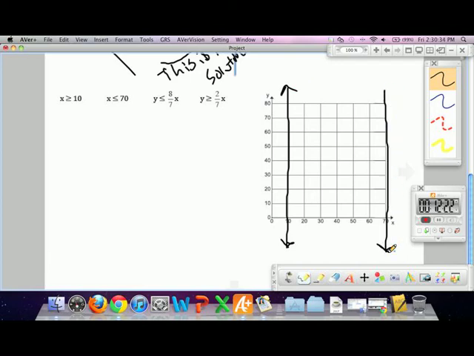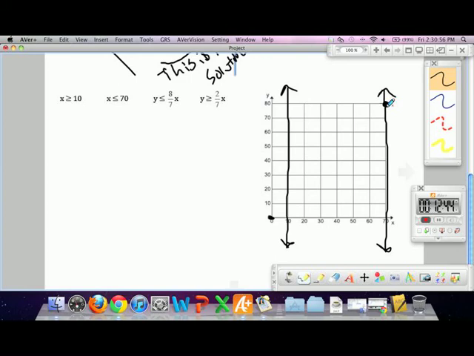What's the y-intercept of the first line? 0, and it goes up 8 for every 7. Wait, I did that because it goes up by 10s. Is that supposed to be 80 over 70?